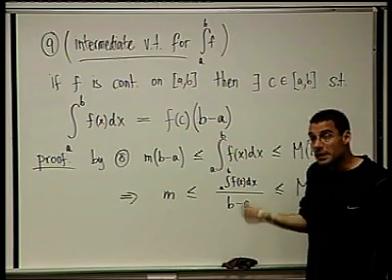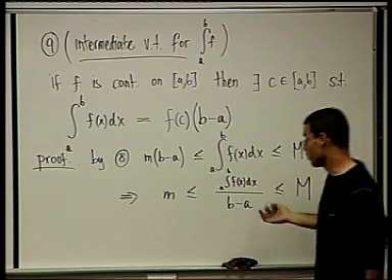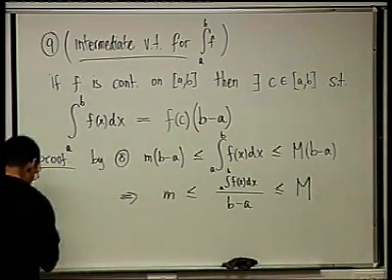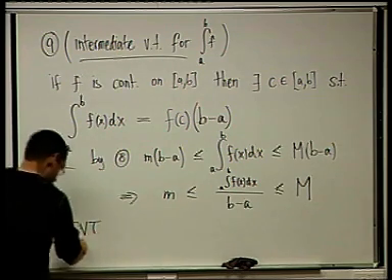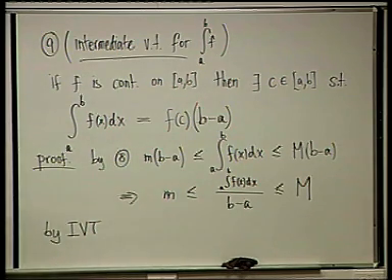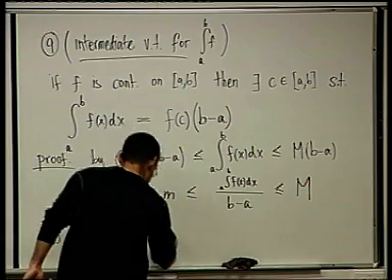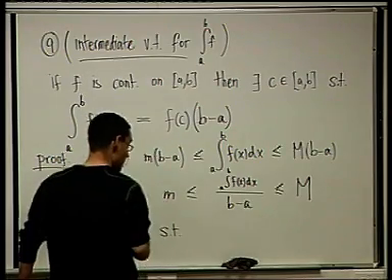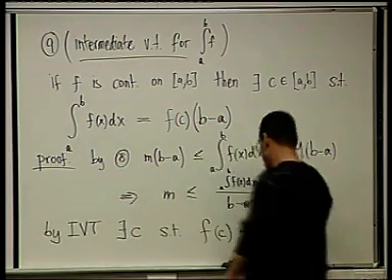By the intermediate value theorem for continuous functions, there exists a point C. So let me write, by the intermediate value theorem, which we wrote in short IVT, the regular one for continuous functions: there exists a C such that f at C is precisely this number.